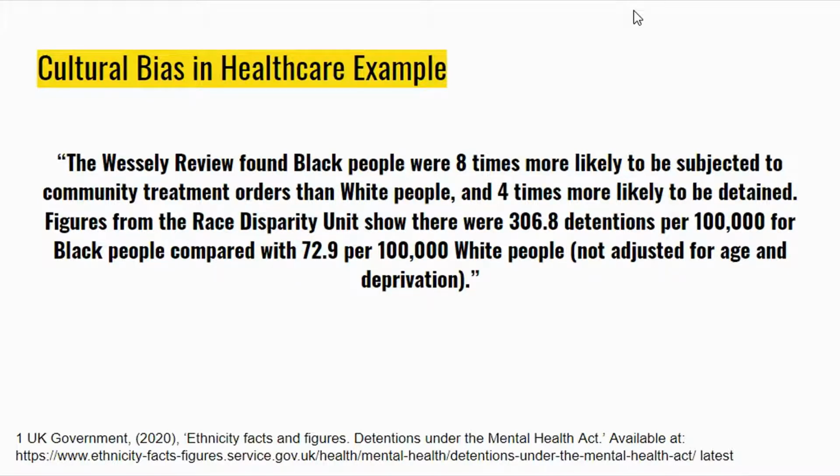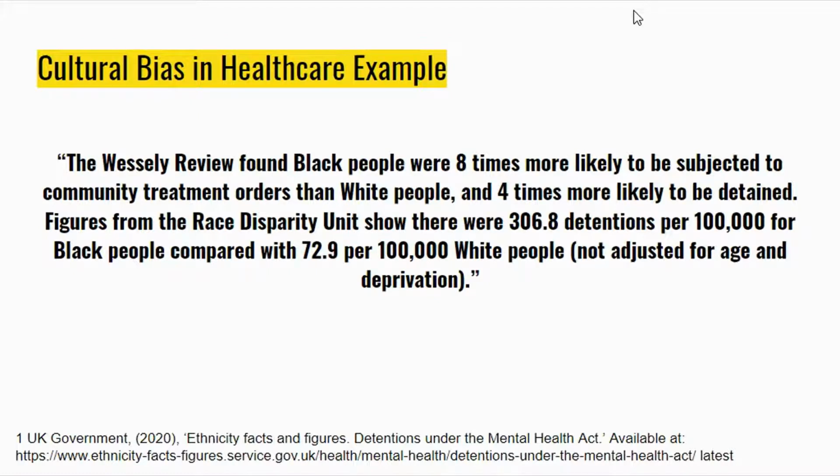So the figures show that there were 306.8 detentions per 100,000 for Black people, compared with 72.9 per 100,000 for white people. Now, that's quite a damning figure, and it does clearly show that there is a racial bias towards treating Black people with mental health problems differently to white people with mental health problems.